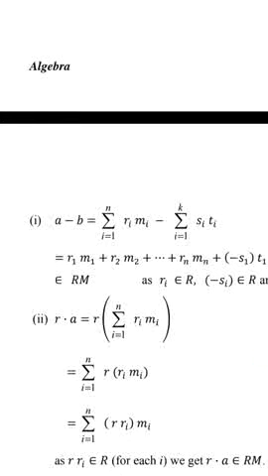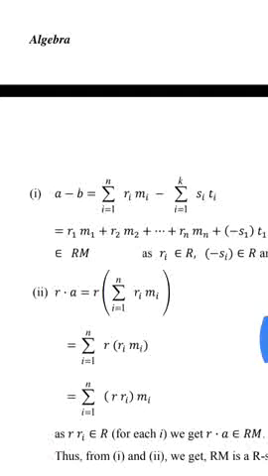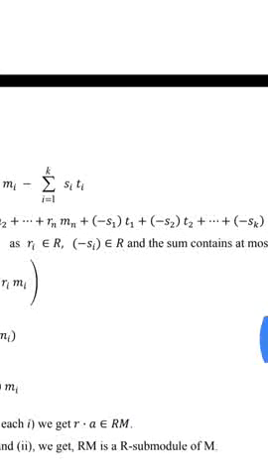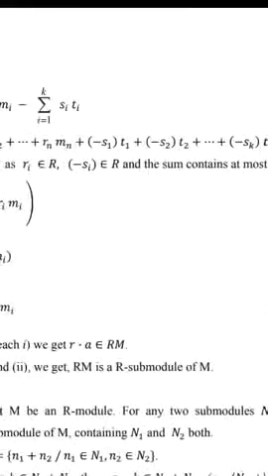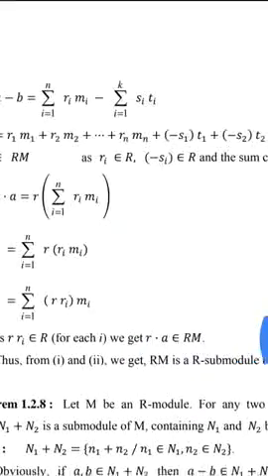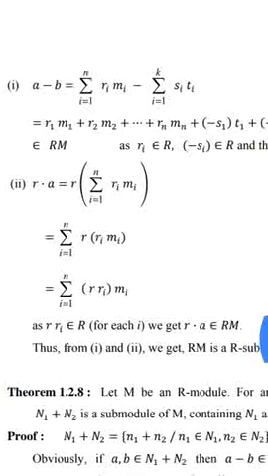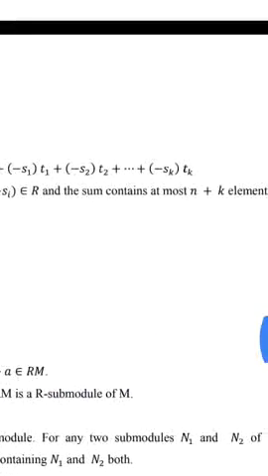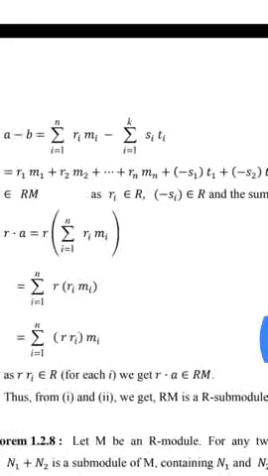Therefore, a minus b is equal to R1 m1 plus R2 m2 plus dot dot plus Rn mn plus minus S1 t1 plus minus S2 t2 plus dot dot plus minus Sk tk, which belongs to Rm, as Ri belongs to R, minus Si belongs to R, and the sum contains at most n plus k elements.